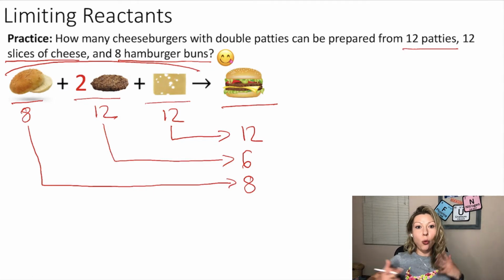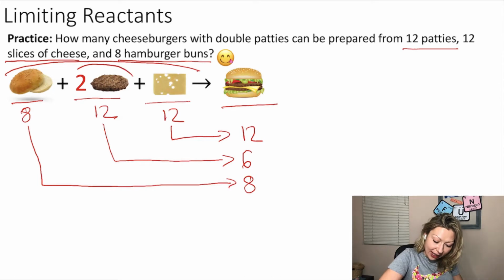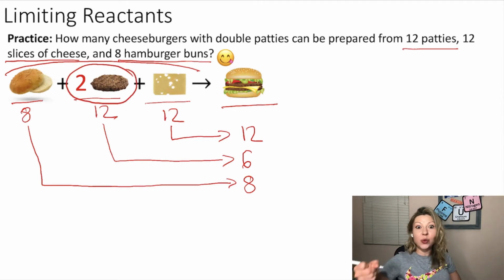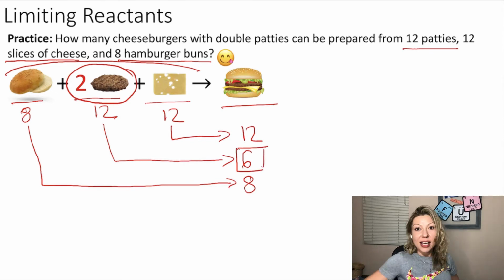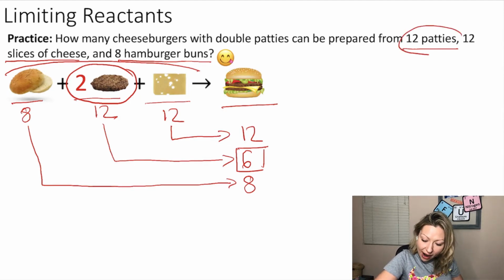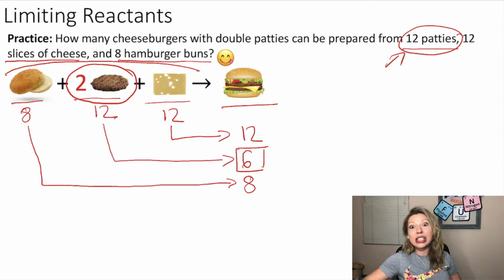Okay, so which ingredient will I run out first when I am making hamburgers in my kitchen? The patties, right? Even though I have 12 of those, I will be able to only make 6 hamburgers based on the recipe given to me. So this means that the patties are my limiting ingredients.